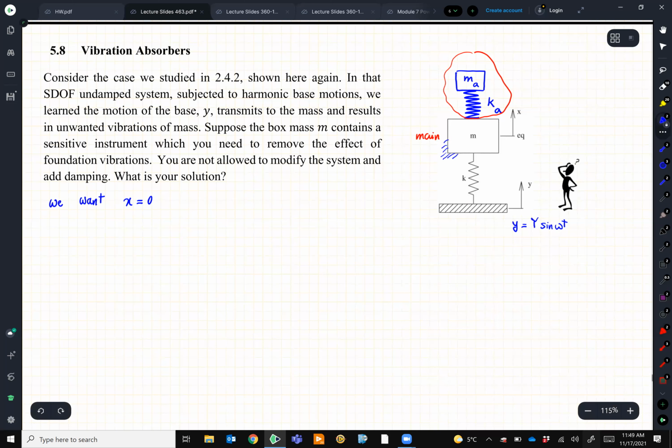The trick is to assume that this mass M is fixed to the ground, because this is what we want, right? If X is equal to 0, assume that the mass doesn't move up and down. So it is balanced. It means the forces coming from down and up must cancel out each other.